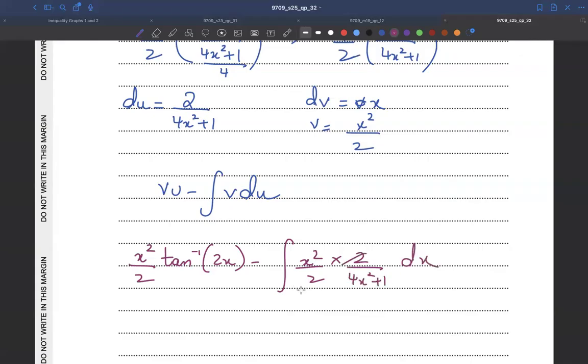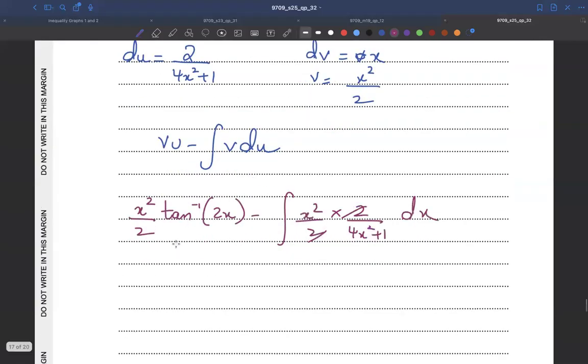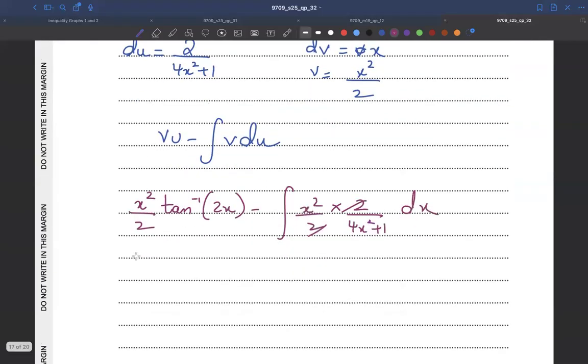This 2 and 2 cancel out. We'll leave this first term as it is. Now we have to integrate x squared upon 4x squared plus 1.